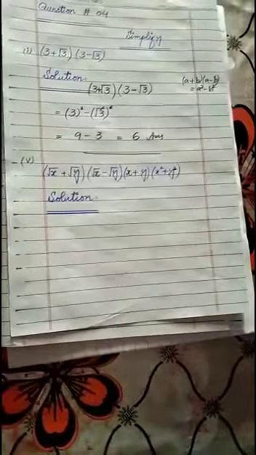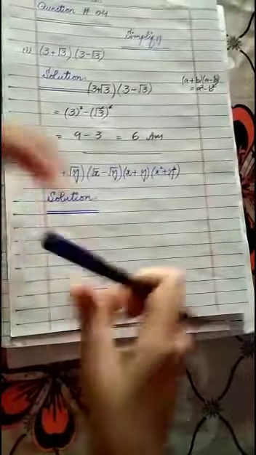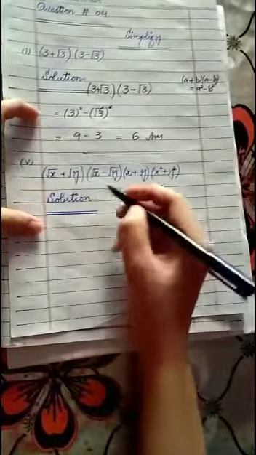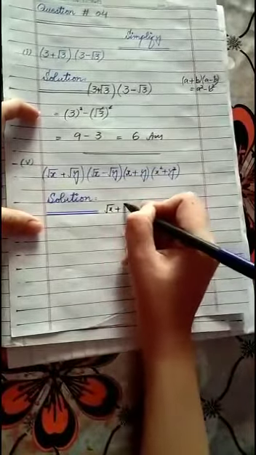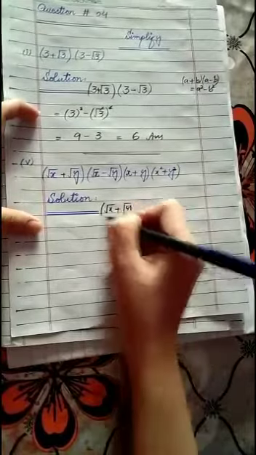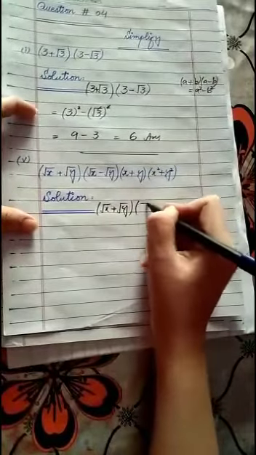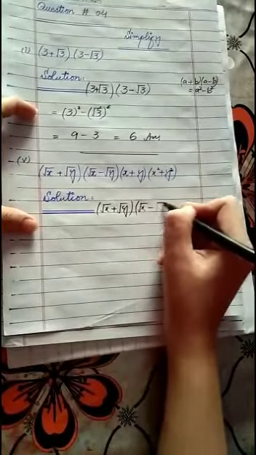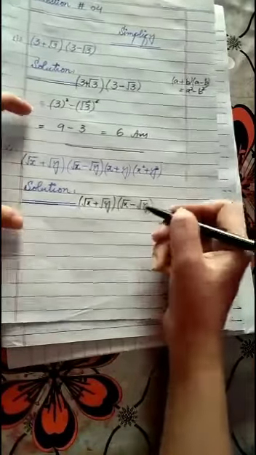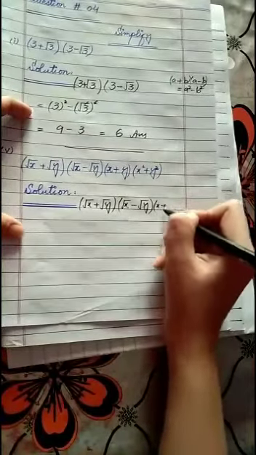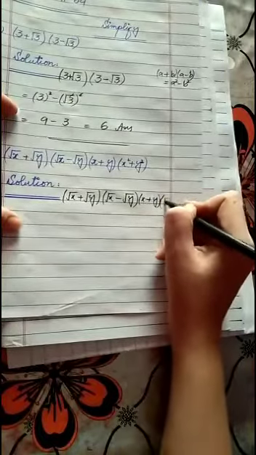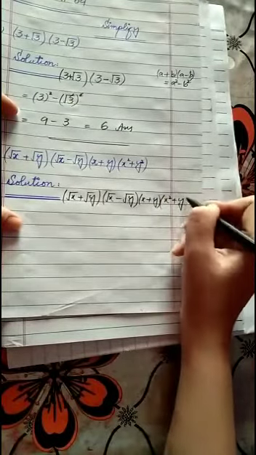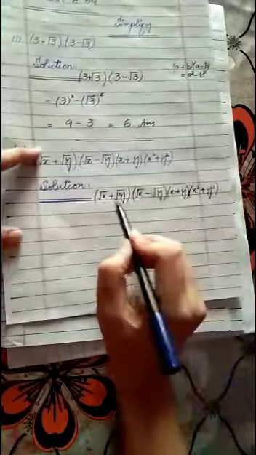Okay students, question number 4, part 5, we will solve. Square root x plus square root y into square root x minus square root y into x plus y into x square plus y square.